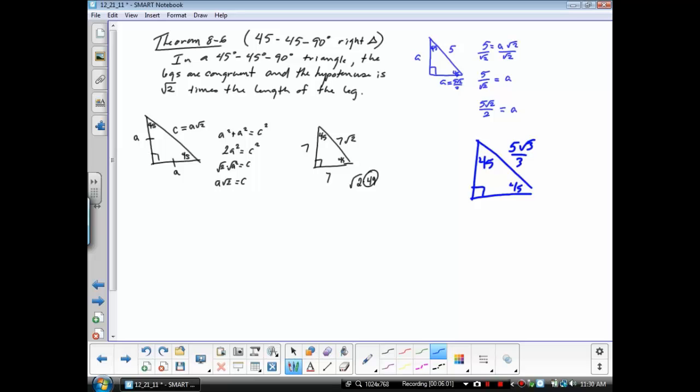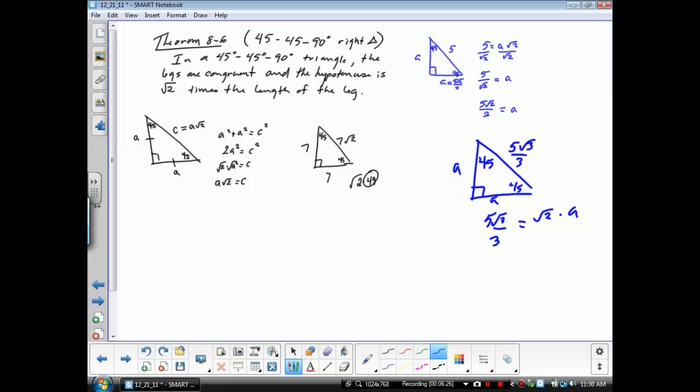Now, still, that's the hypotenuse. So that is in fact equal to, as the hypotenuse, the square root of 2 times a. And my leg is a. So, what do I have to do?